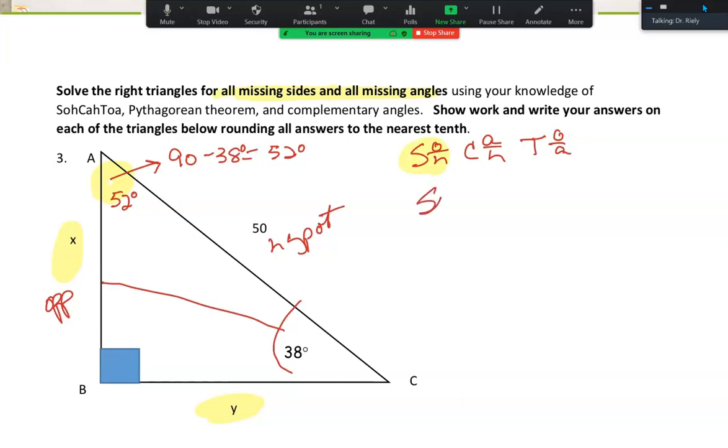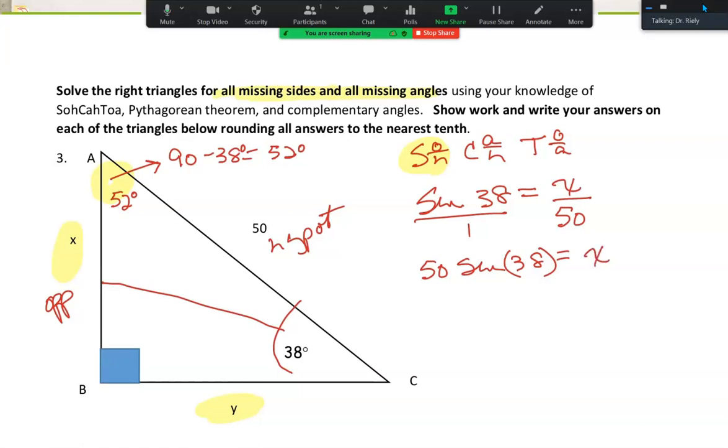So the sine of 38 equals X over 50. That's a one-step problem. 50 times the sine of 38, and I'm looking for X.